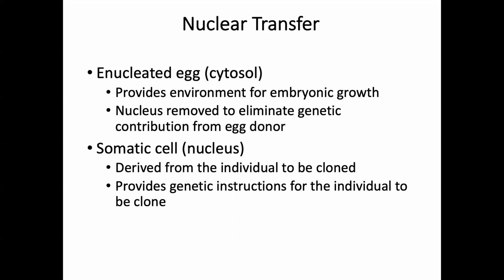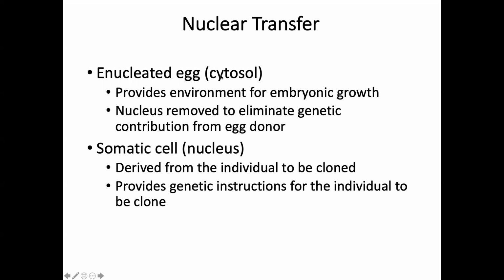The nucleus of the oocyte is removed. That's actually called the enucleated egg, okay? The nucleus is removed and replaced with the nucleus of a somatic cell, for example a skin, heart, or nerve cell, okay? So these provide the nucleus, and this provides the cytosol.